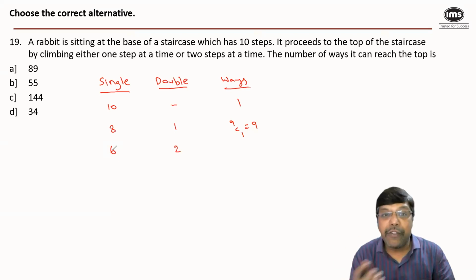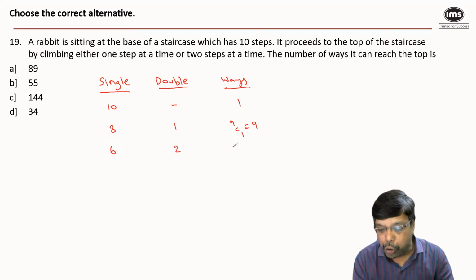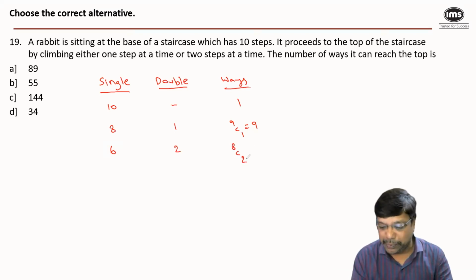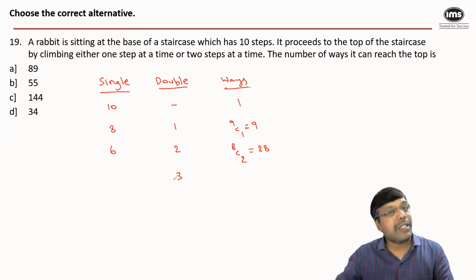It can be any of these 8 movements. So the number of ways of selecting 2 movements from 8 is 8C2, which is equal to 8 into 7 by 2, 28.